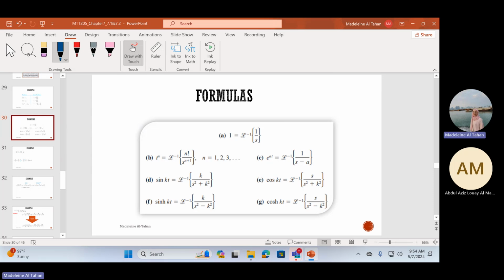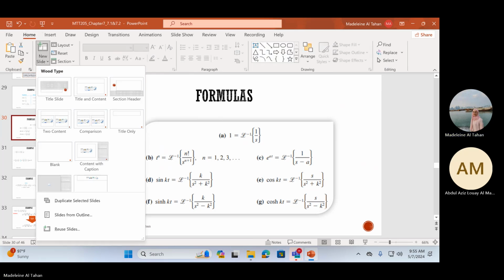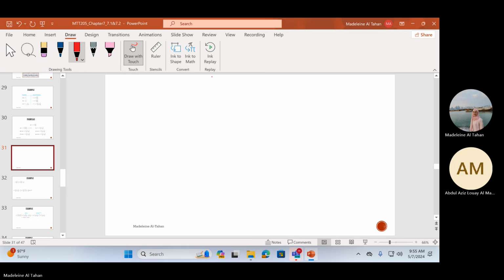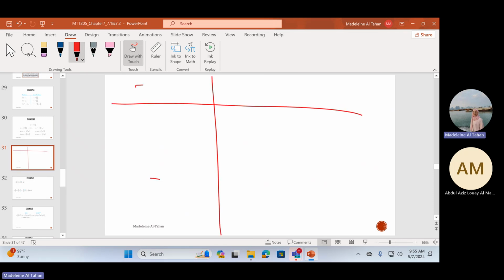Now, here is the same table that you had; they just removed the Laplace and put it on the other side as Laplace inverse. We will write it in another way. So we will write these formulas. Here we have F of s, and here we will have f of t, which is basically the inverse of F.